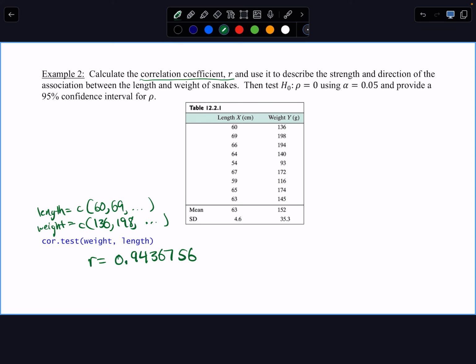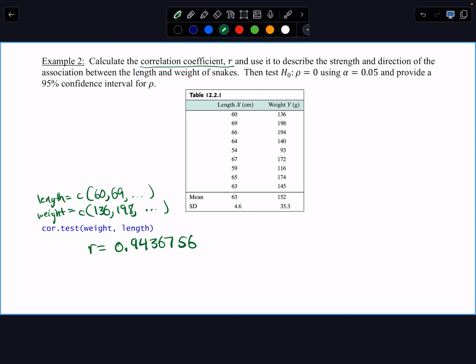So since that is positive, and you can see that that's 0.9, that's close to 1. And we just said if it's greater than or equal to 0.7, if it's positive, that's a strong linear relationship.